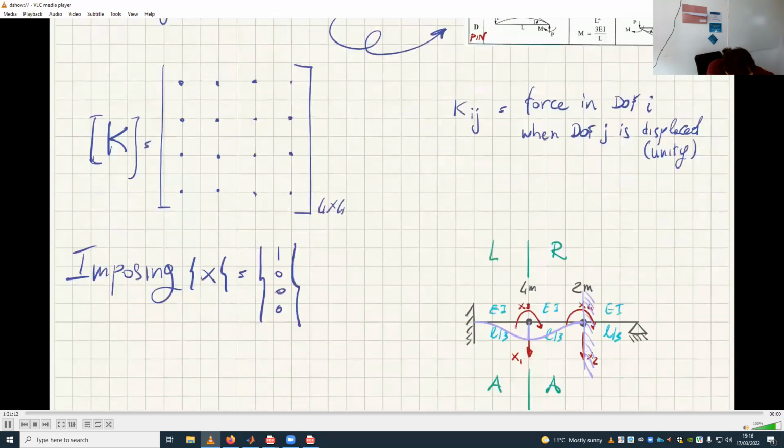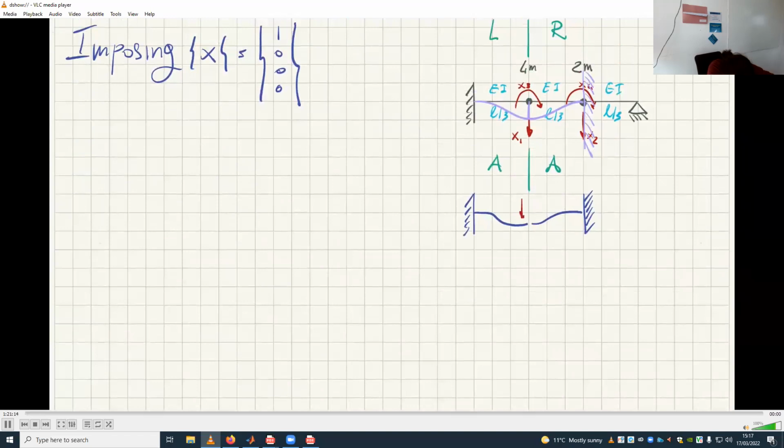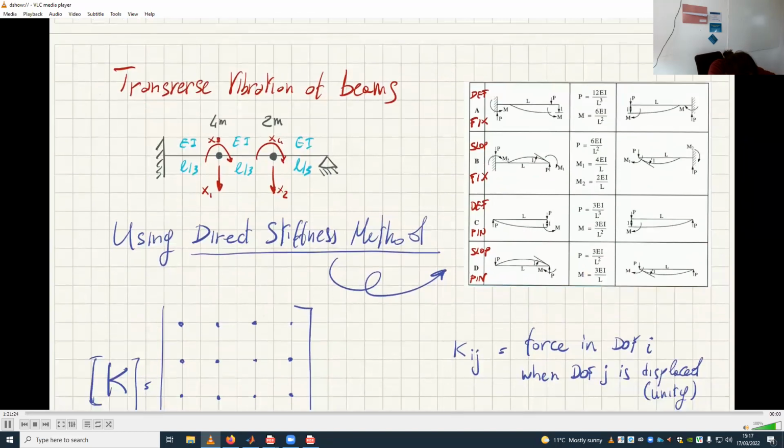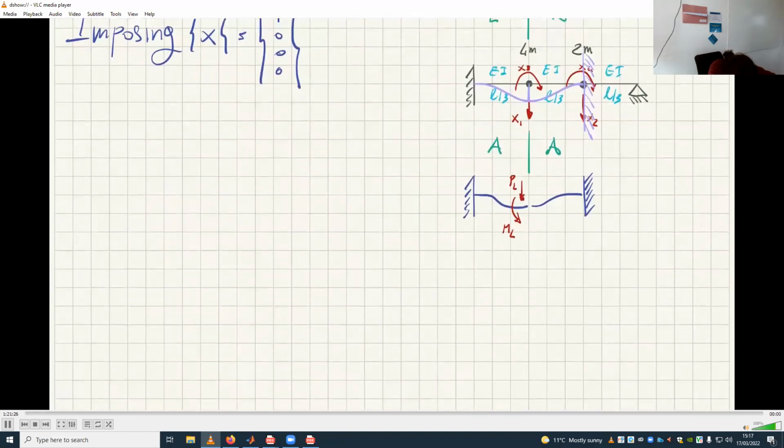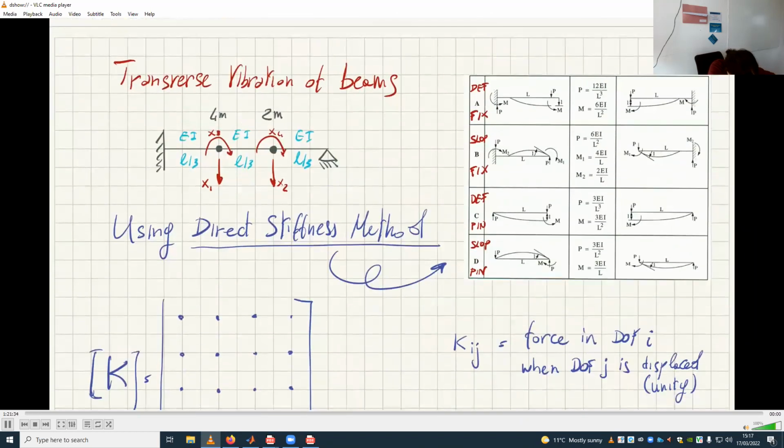So it's P and M, P on the left, M on the left. Then we have M on the left and P on the left. So P on the left looks like this, and M on the left looks like this. On the right, it's exactly equal and opposite.